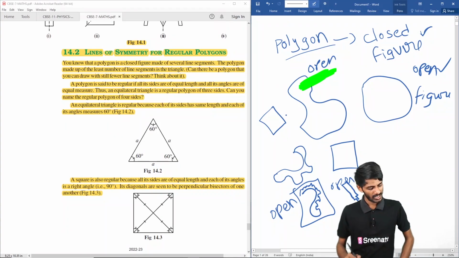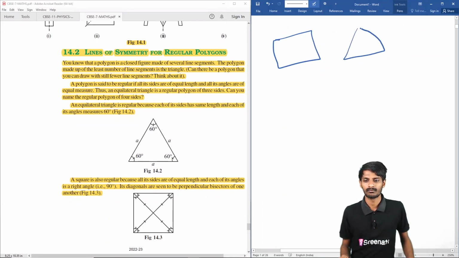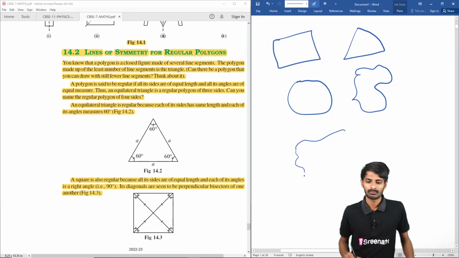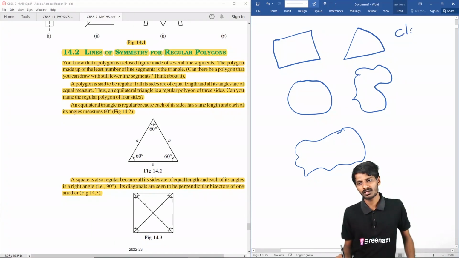Okay, next, I will draw some figures. Observe these figures. Don't worry, all these are closed figures.